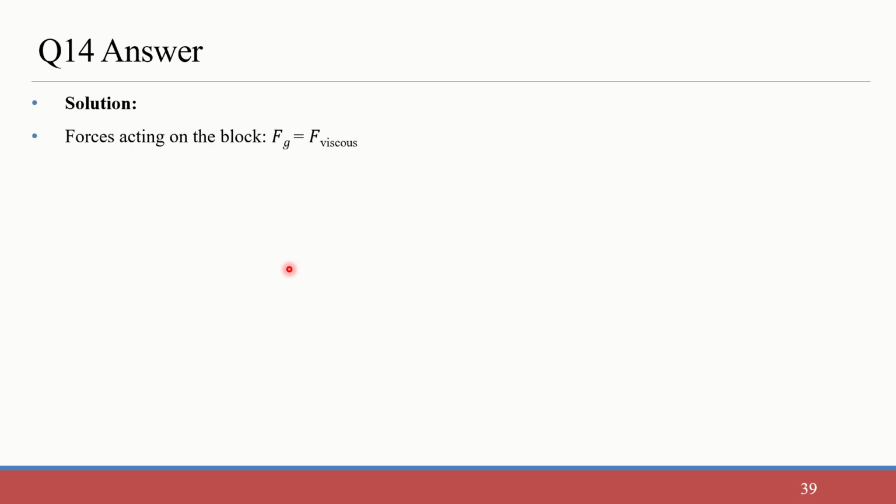First we will do the force balance as we did in the previous problem. How are we balancing? We are balancing the gravitational force and the viscous shear force.